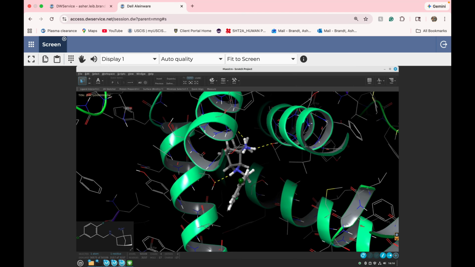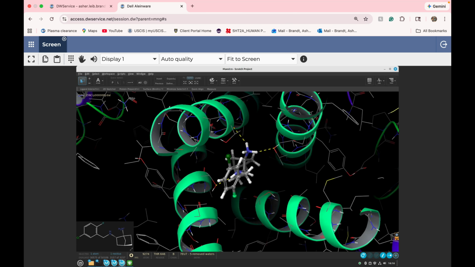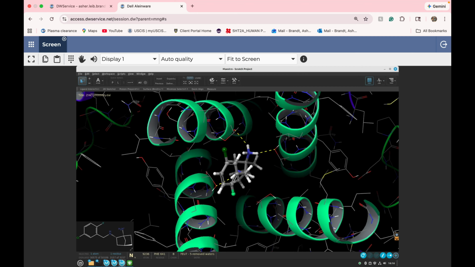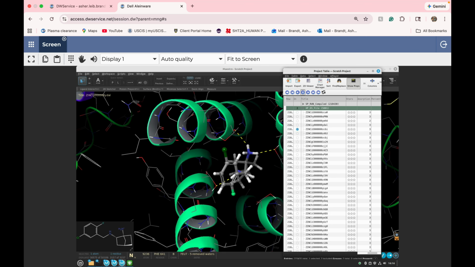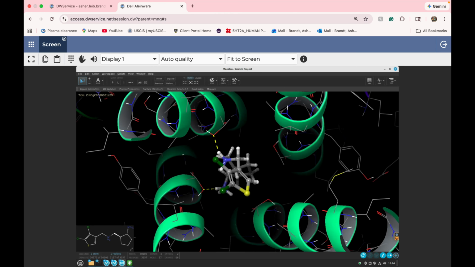Okay. That's just an analog of the compound that we just looked at. Analog. That's somewhat similar to that first compound that we saw on the screen.